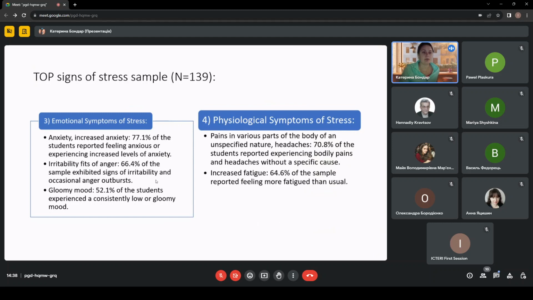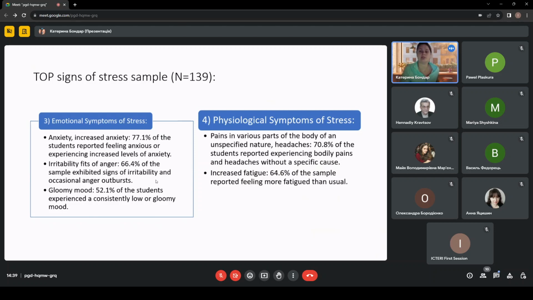And also there were a lot of emotional and psychological symptoms, such as anxiety and anger and a gloomy mood as a background of study.